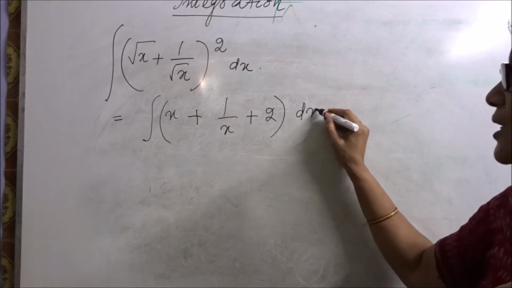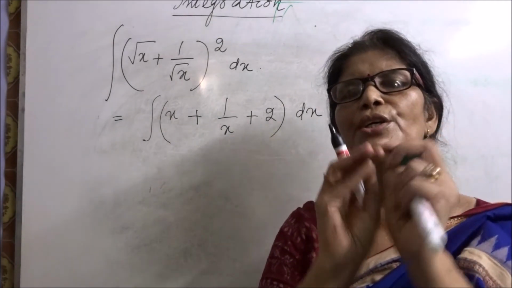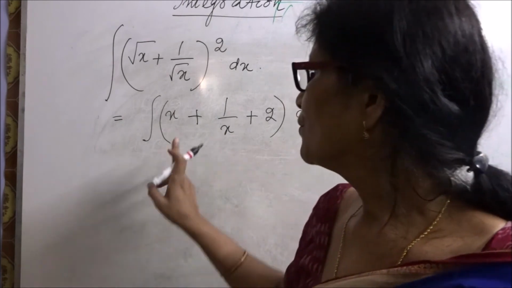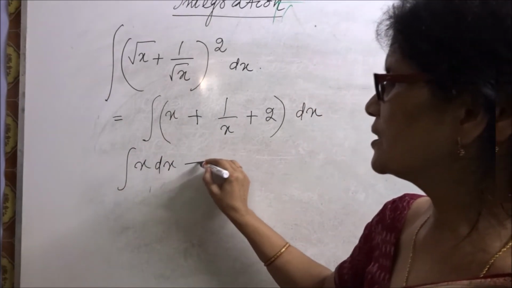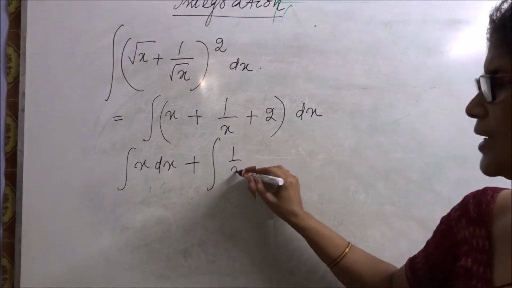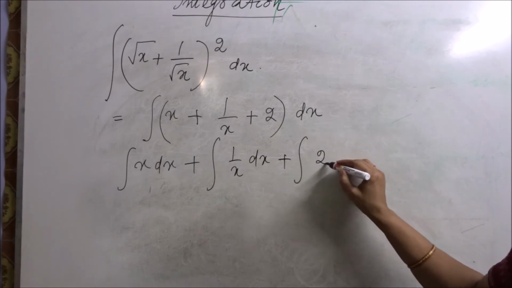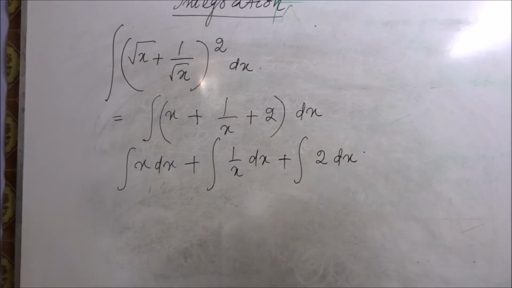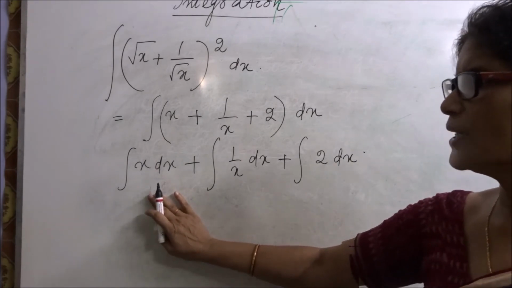Next, when there are many functions in the integral, you can integrate individually. First is the integration of x, next is the integration of 1 by x, next is the integration of 2. Integration of x will be as a polynomial. What was the formula?